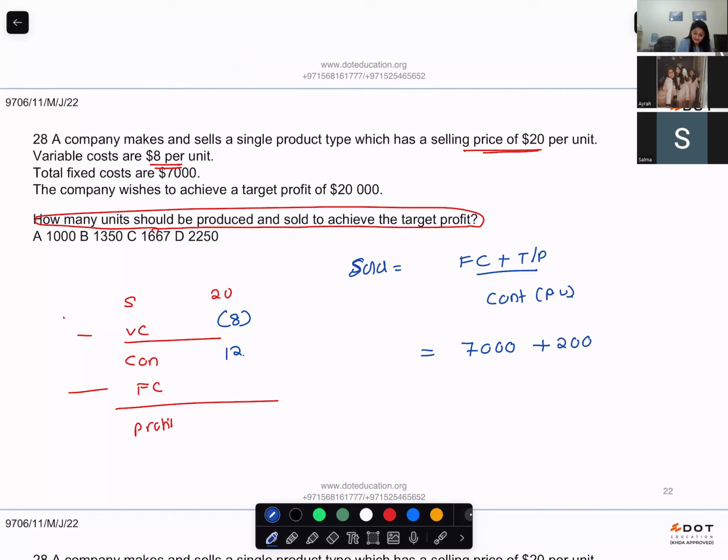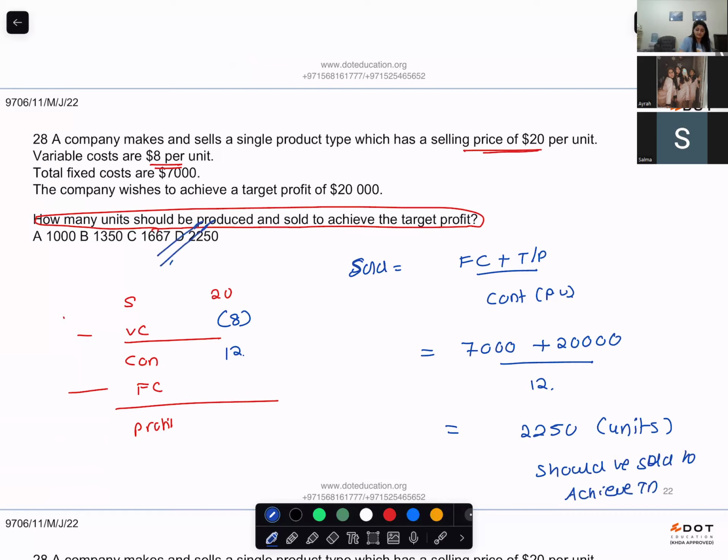Target profit is 20,000. Contribution per unit is 12. 27,000 divided by 12. So 2250 units should be sold to achieve target profit. Are you with me? Yeah.